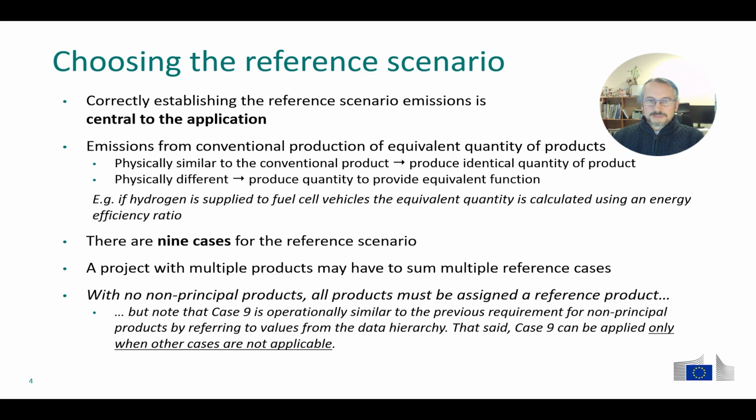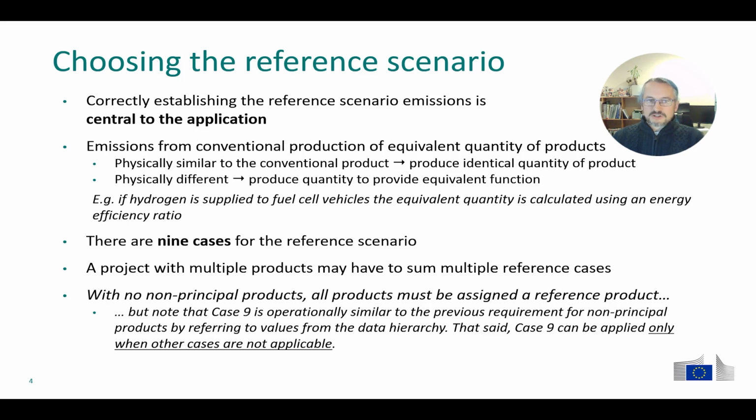Now, correctly establishing the reference scenario emissions is central to an application, and the reference scenario must represent the emissions from the conventional production of an equivalent quantity of products. In the case that the product produced by a project is physically similar to the conventional product, we ask you to assess the production of an identical quantity of product.